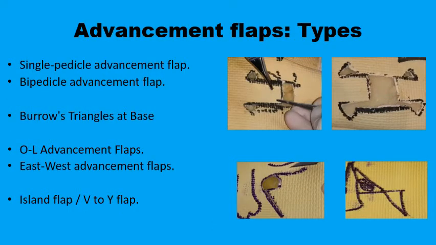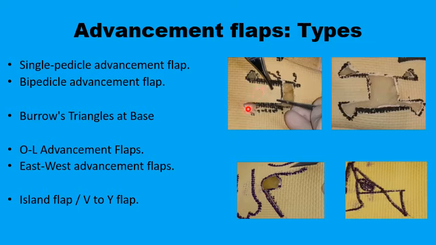Advancement flaps can be single-pedicled, or it can have two pedicles, bipedicled advancement flaps, or even sometimes more than two pedicles. What we're going through in this presentation will be the single pedicle advancement flaps in its various forms.